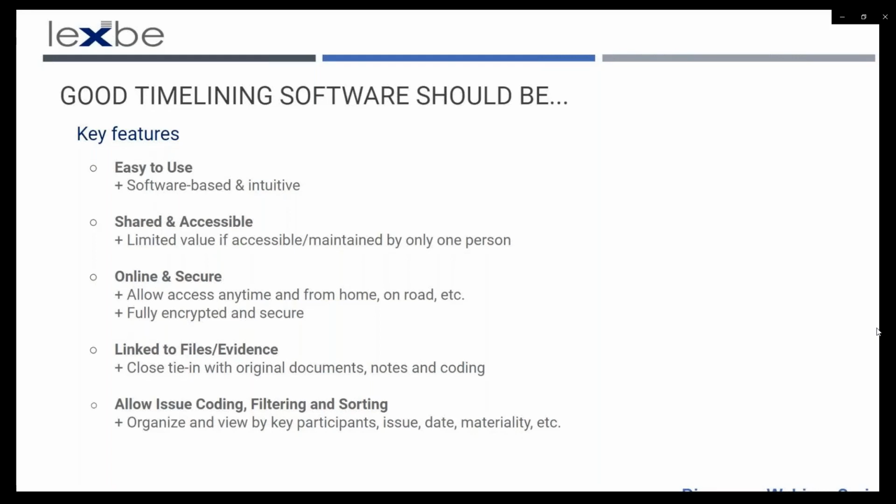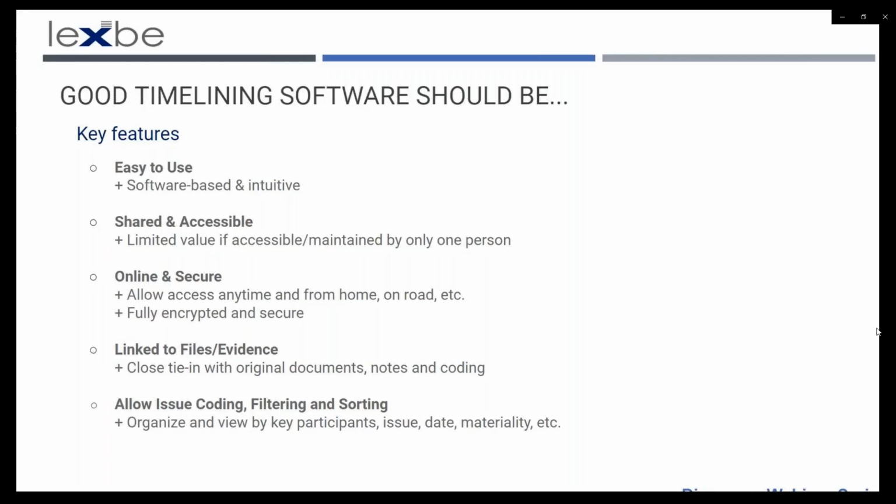It also has to be linked to the documents and any of the attorney's notes, internal notes and coding, and internal annotations that can be done as well. And it has to allow the user to filter and sort on key documents like the key players, the participants, issues, definitely date ranges, and other internal coding that may be used.